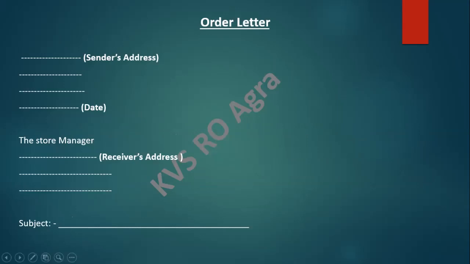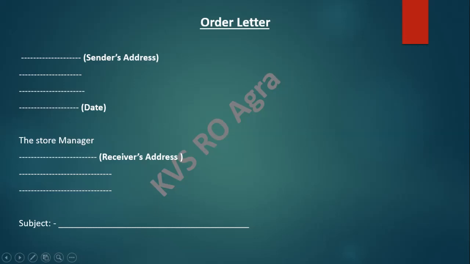This is the second type of formal letter, the order letter. Here also the same thing will be followed: sender's address, then date, then the receiver's address, the name of the person's post you are writing to, the store manager, the director, the publisher, whatever it is.